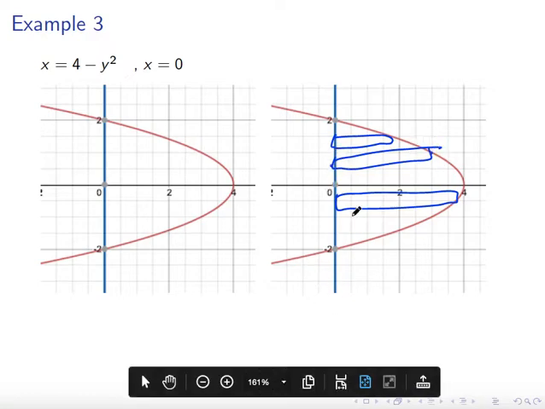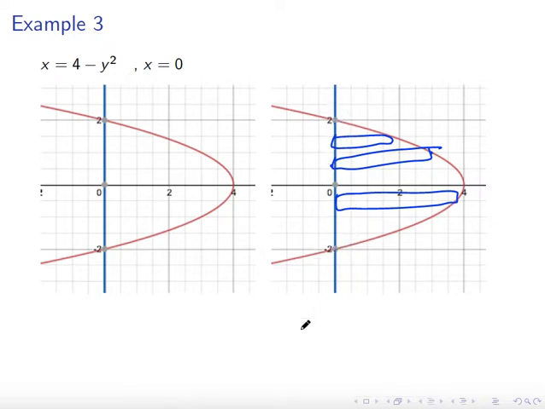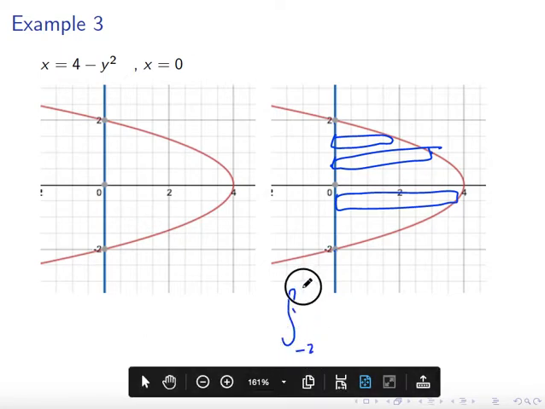They are moving from -2 to 2. So we have -2 to 2, and then the curve on the right, 4 minus y squared, minus the curve on the left, which is x equals 0, dy.